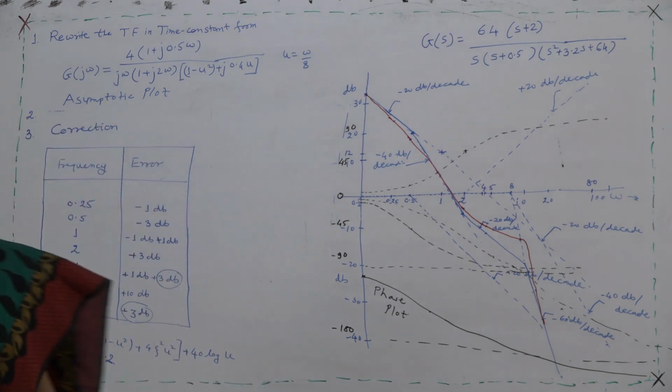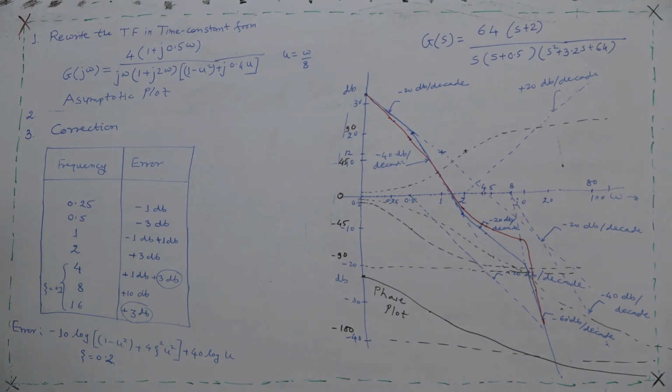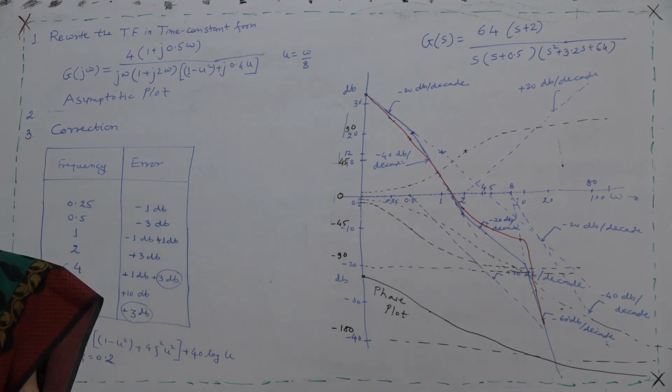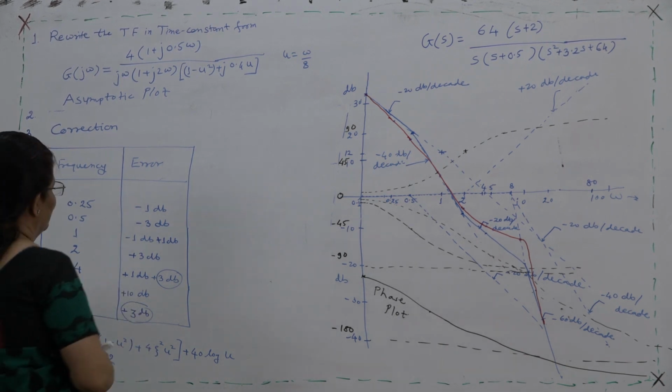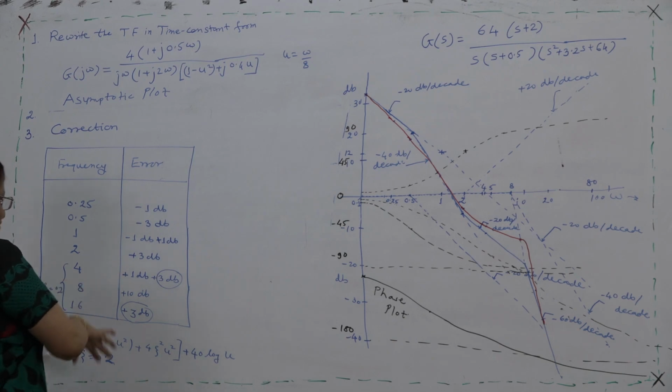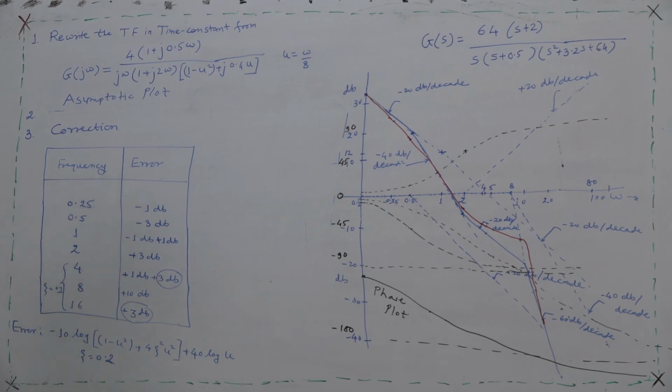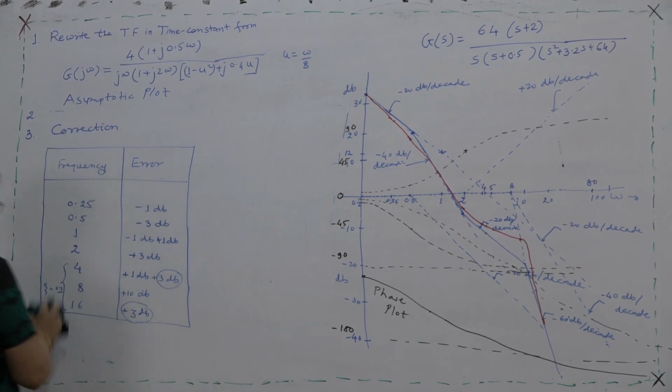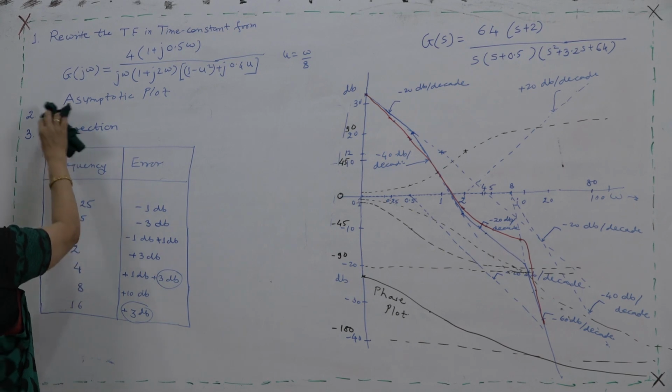So, what you have to do, which frequencies will you take? These frequencies you have already taken for the error, so extend this table for the phase angle. Extend this table or draw another table, I think it is better to draw another table, but use the same frequencies so that it will be easy for you, because you have already mentioned those frequencies on your graph paper.